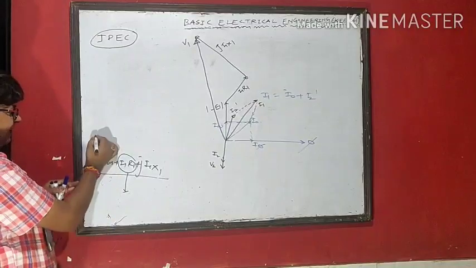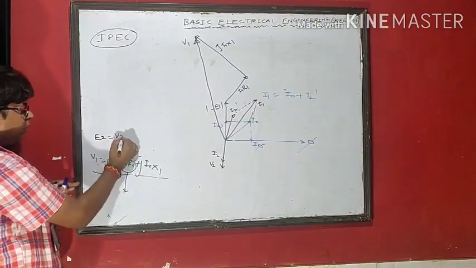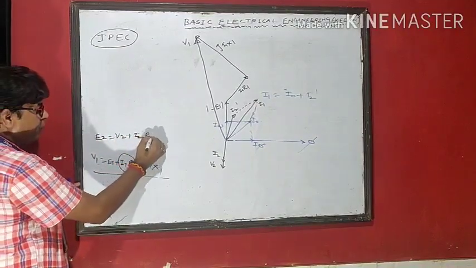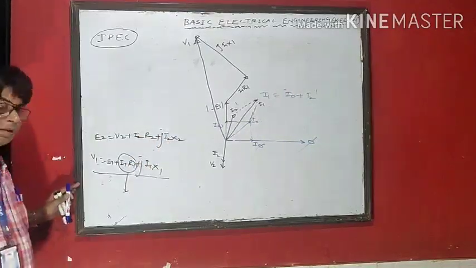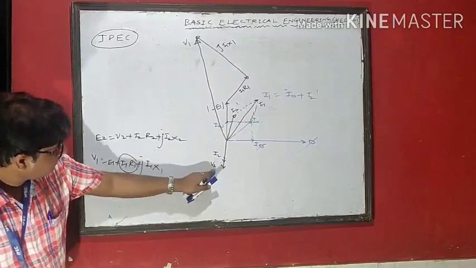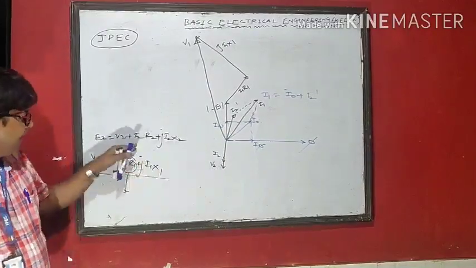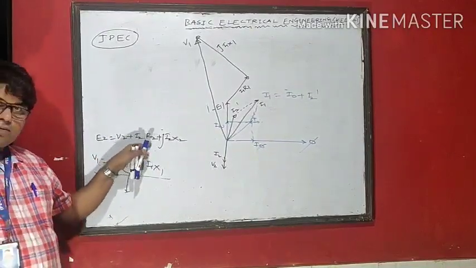Next, on the secondary side, E2 equals V2 plus I2 R2 plus j I2 X2. We have got the V2. Next, what is I2 R2?